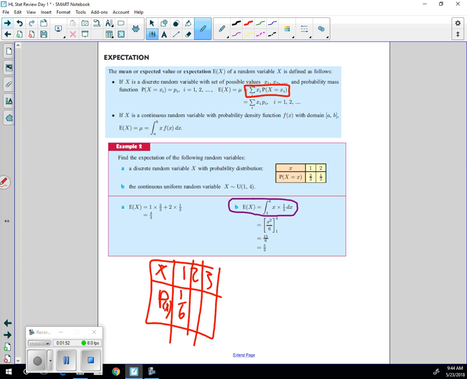The probability of rolling a 2 was 3/6, and the probability of rolling a 3, what would it have to be? 2/6, right? Or 1/3, yeah, because they have to add up to 1. Now, the expected value for that is you're going to take 1 times 1/6 plus 2 times 3/6 plus 3 times 2/6.